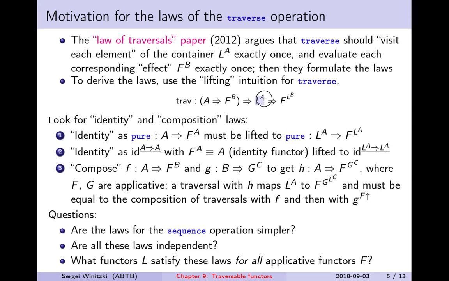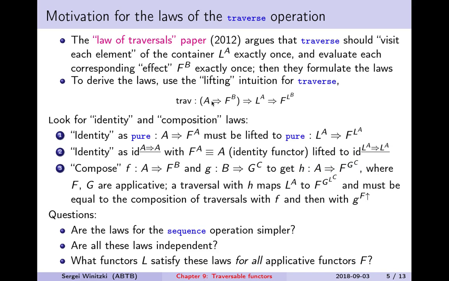So you have L A to F L B, and then F L B to F G L C. And so that is your final traversal, and that should be equal to applying the traversal right away with this functor as applicative functor. In other words, applying traversal to this.